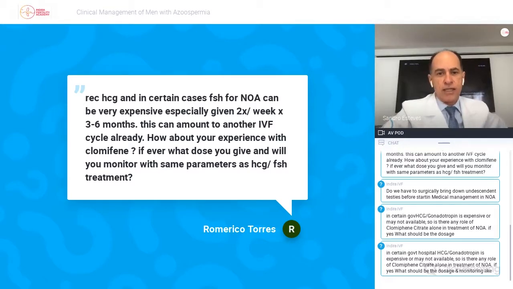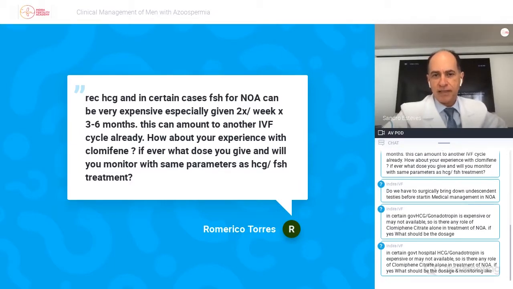Well, it's going to be much less expensive than giving HCG and FSH in case we need to give FSH, but the experience we have collected at Androfert has shown that this has a lower success rate compared with recombinant HCG. Not all patients will need FSH.